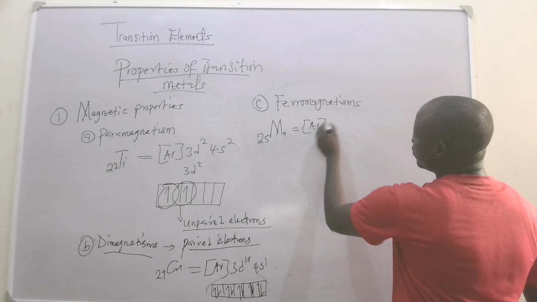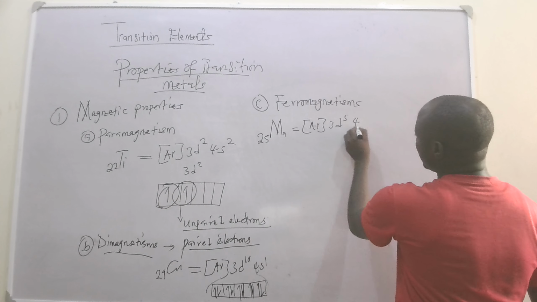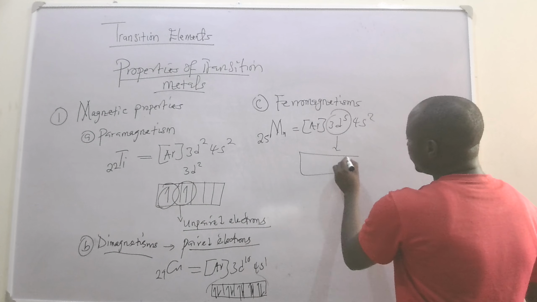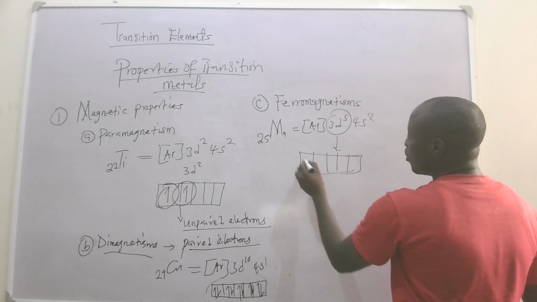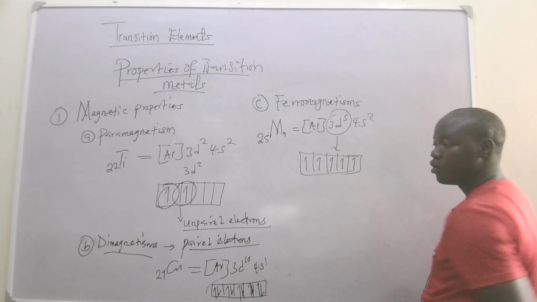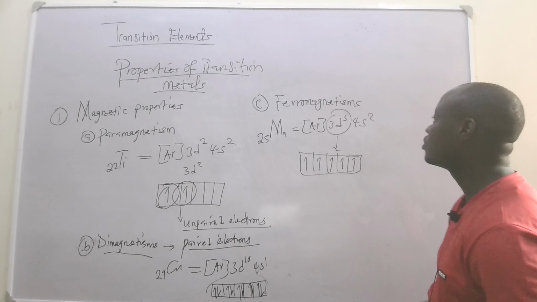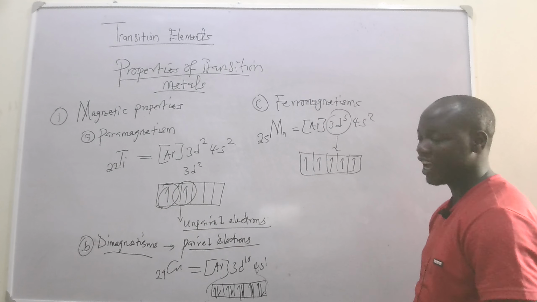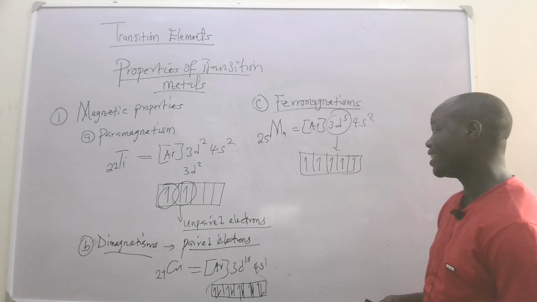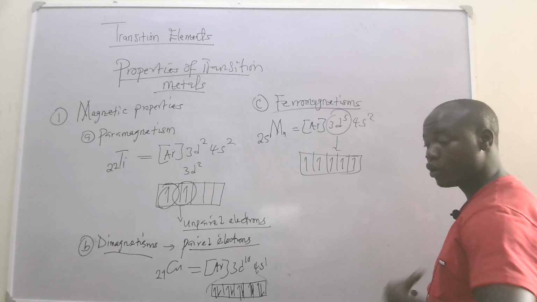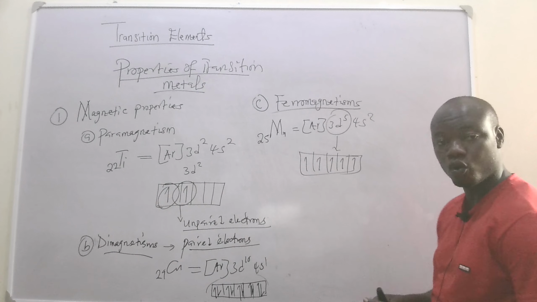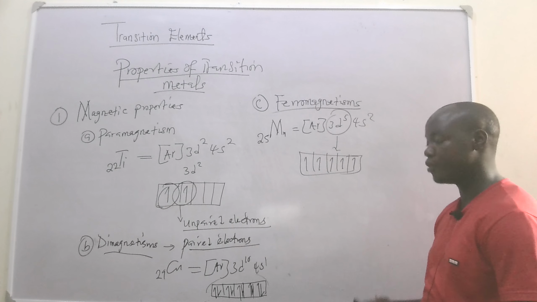We have argon, 3d5 and then 4s2. If you take this, you will realize that we have 1, 2, 3, 4, 5 unpaired electrons. Because the number of unpaired electrons is many, they are extremely attracted toward a magnet, and that is why they are called ferromagnetic. So the more the number of unpaired electrons, the more the magnetic properties of the metal.